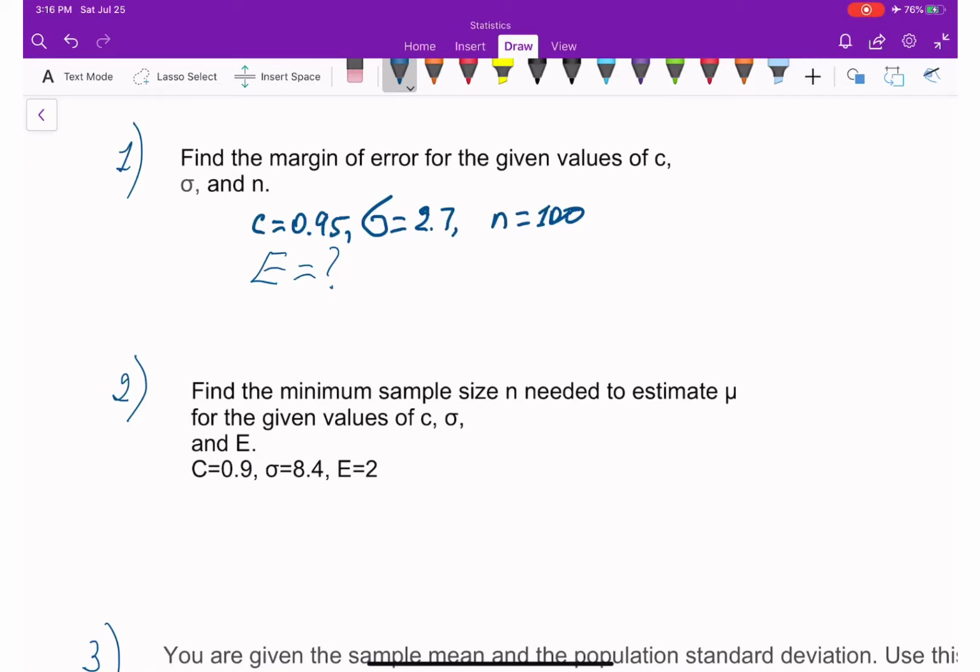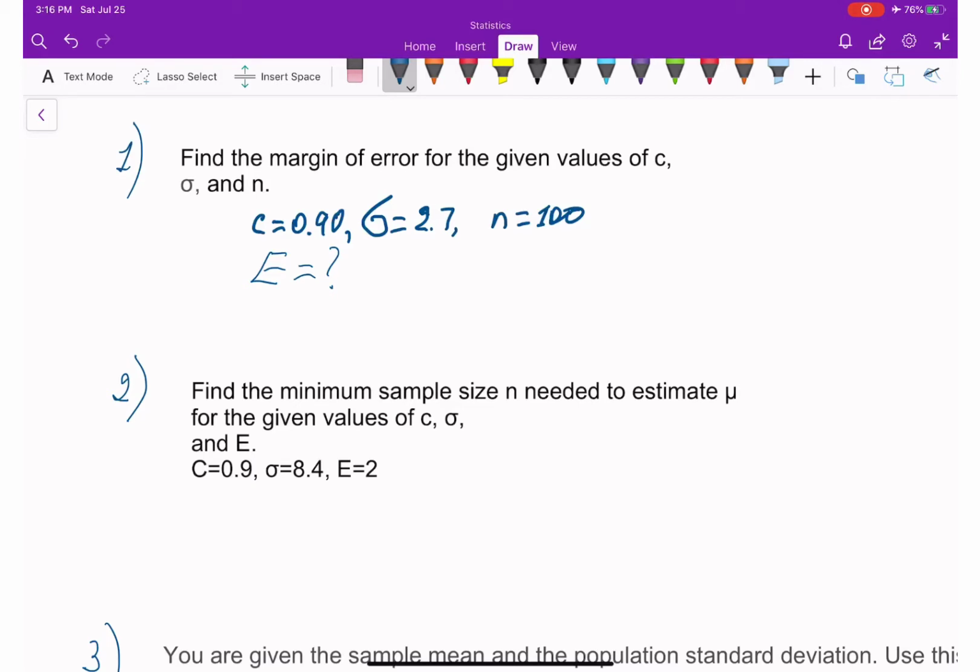So find the margin of error for the given values of C. All right. So if our C, let me make it 90 instead of 95, because 95 is everywhere, so let's use 90.